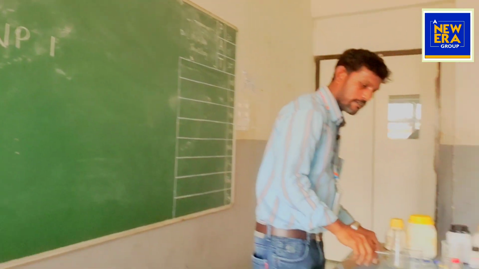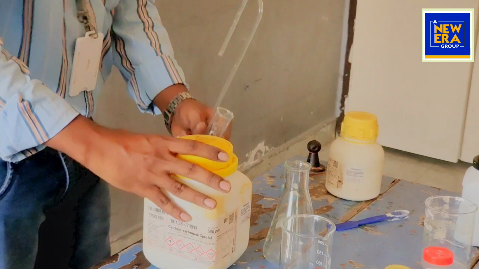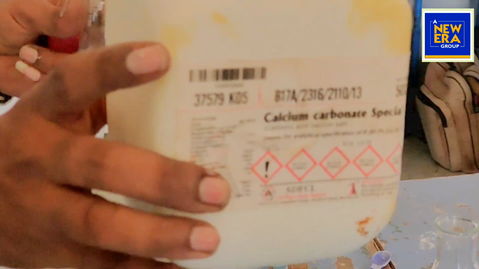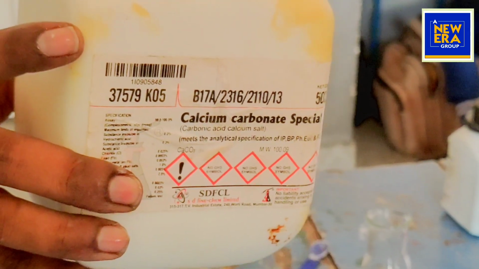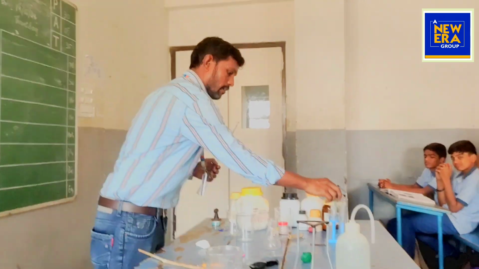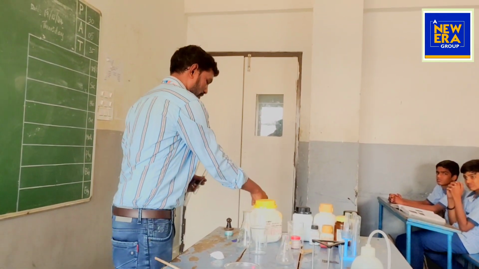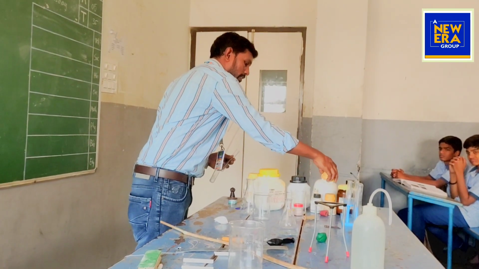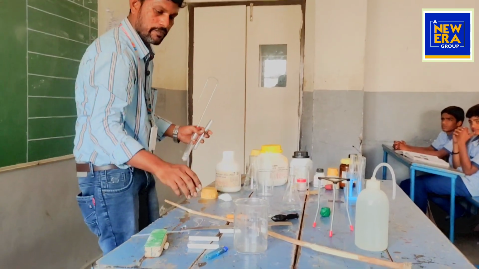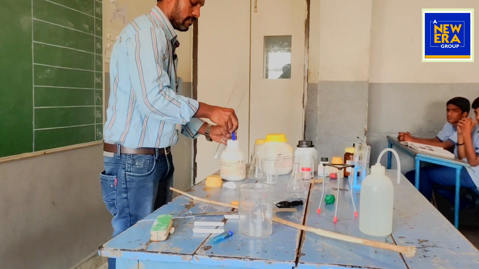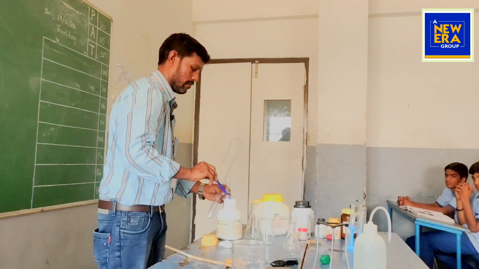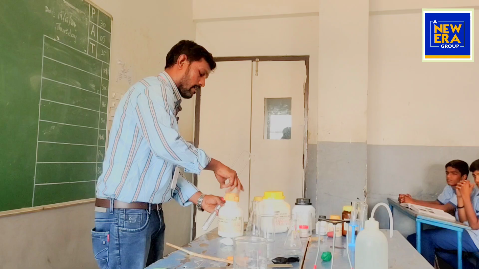So now we should go to one more activity. Calcium carbonate, okay? If it is heated, a colorless gas is evolved. To find out that colorless gas, we should take calcium oxide, quicklime.